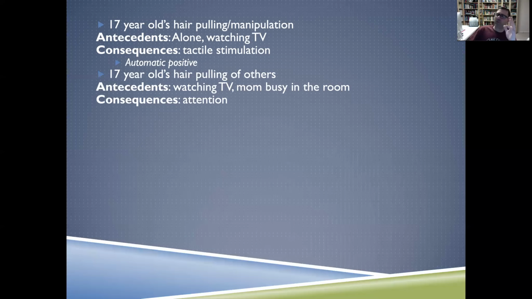There's an example, and I may have told you guys this before, and if I did, I apologize. I've been bitten severely on my leg by one of the clients that I work with who has disabilities, and it hurt like hell. And the consequence for biting was not only the fact that that specific child in the past had been able to remove and postpone the task.